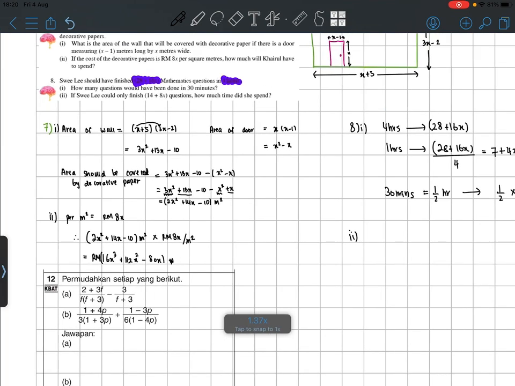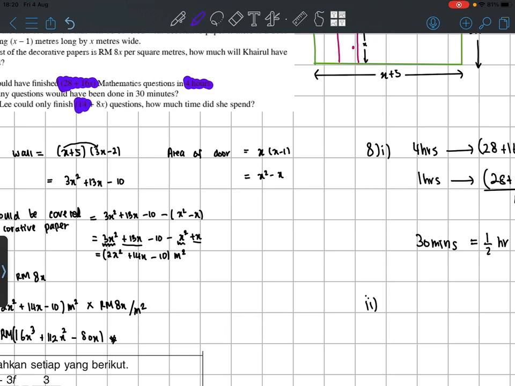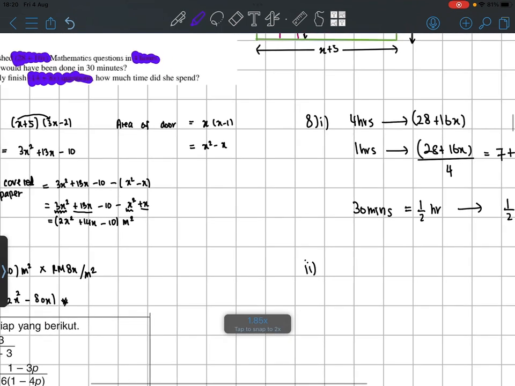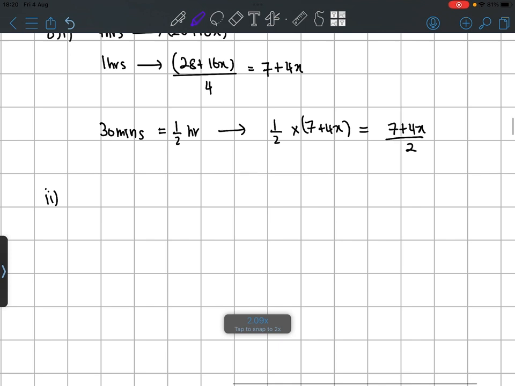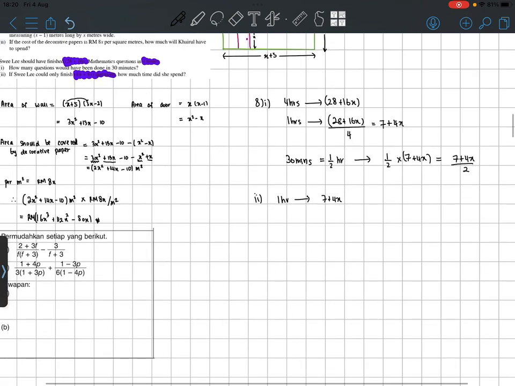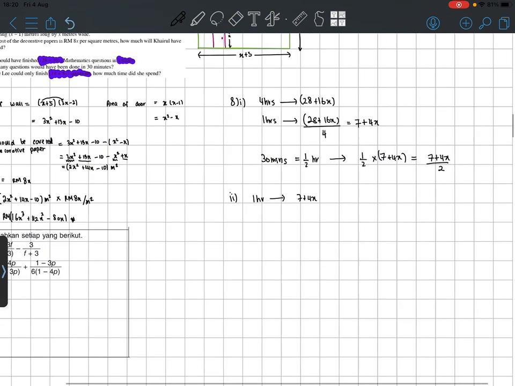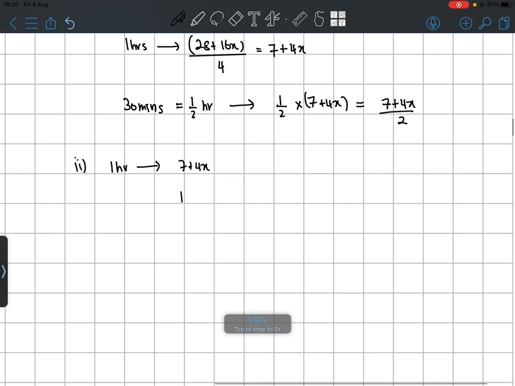Part 2 is: if Swilly could only finish this many questions, how much time did she spend? We know that in 1 hour Swilly can finish 7 plus 4x questions, but Swilly could only finish 14 plus 8x, and we do not know how many hours.